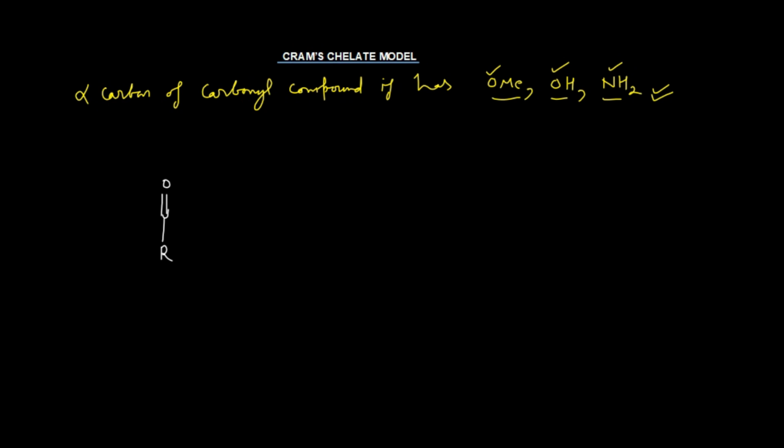This is the ketonic part, and now I am using a different color for the rear carbon, and this actually is having the OMe group, okay? And say this is your RS, that means the smaller group, and this is your RL, the larger group.